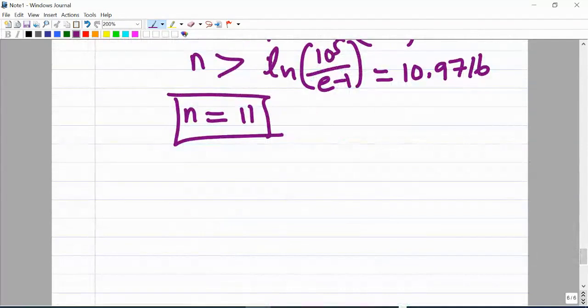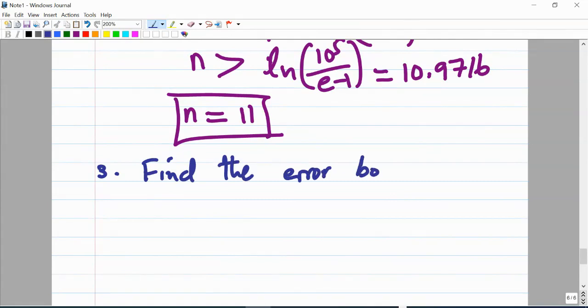All right, I want to add another question here. Now, this one we should say: find the error bound after 6 iterations.